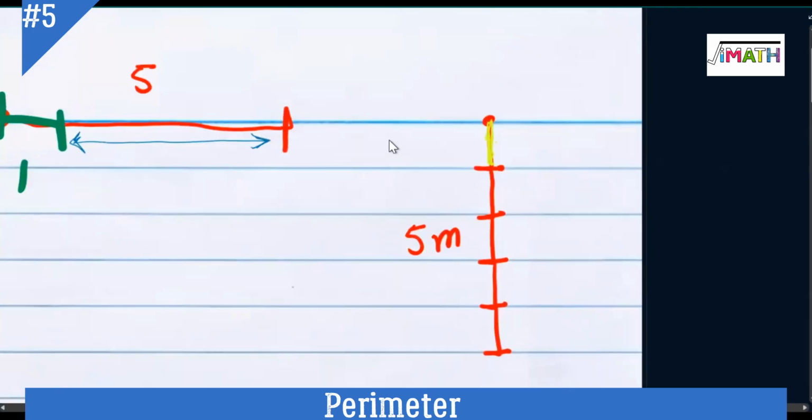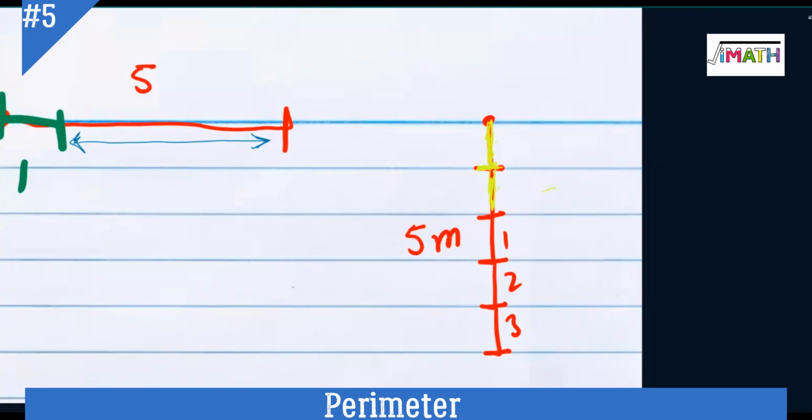So let's count it. It's going to be 1, 2, 3, 4, right? Yes. And if I subtract another one here, I'm just looking for the red one only. So now, what's going to be the length of the remaining red segments? 3, right?